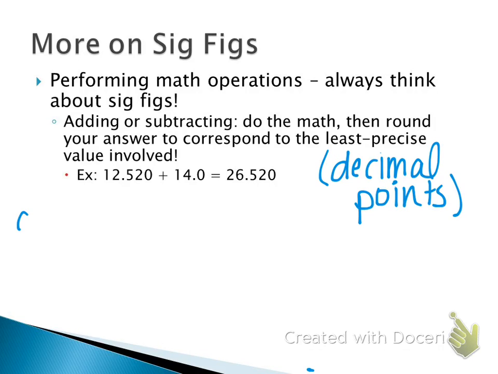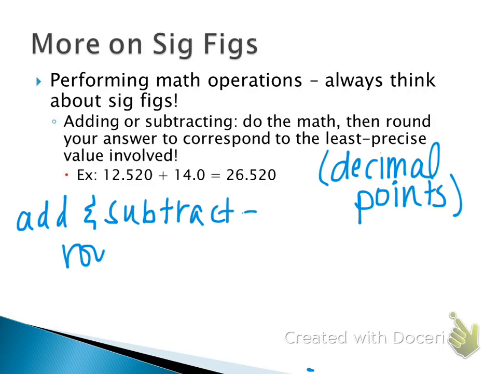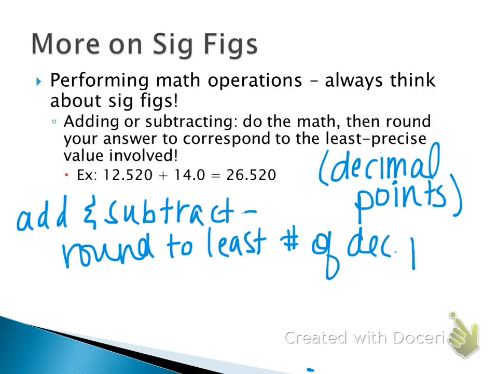So when you add and subtract, you're going to round to the least number of decimal points. Okay, so there's a little abbreviated version of that top section. When we add and subtract, we want to round to the least number of decimal points that we started with, in one of our numbers that we added or subtracted.